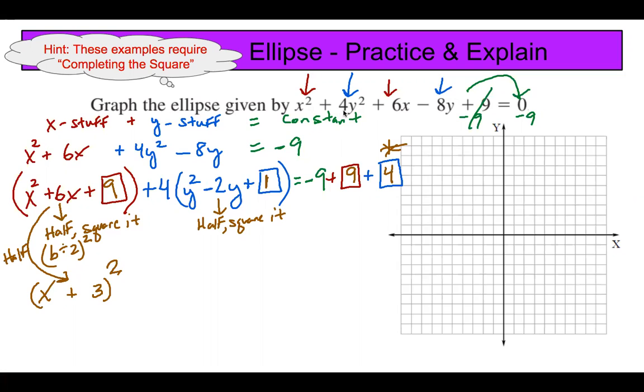Now let's work on the y stuff. Plus, bring down your factor out of 4, and let's change this trinomial into a binomial squared. The square root of y squared is y. And then you can take half of this b term, -2. Half of -2 is -1. Or you could square root the c term of 1.